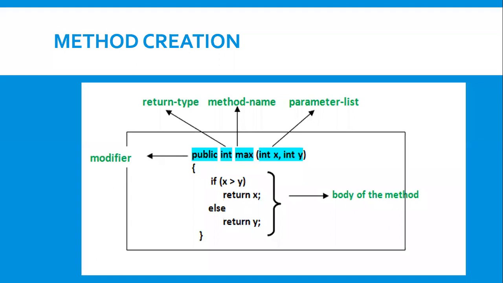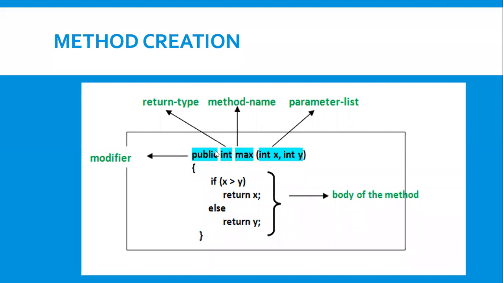Now, how to create a method? This is how we create a general method. What we are doing here is that I want to give a specific operation, so for that I want to create my own method. Here I am writing public int max of int x, int y.